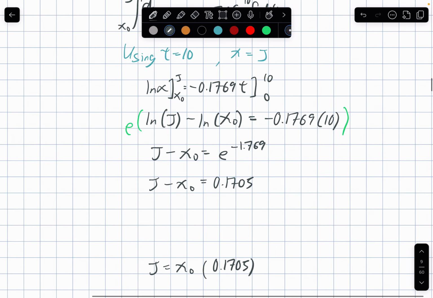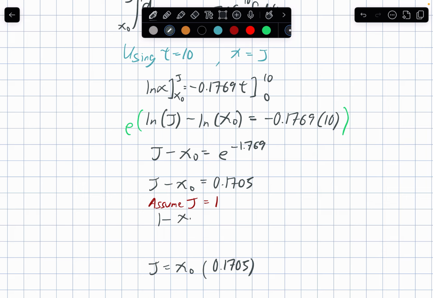So from this approach, we have to assume that j is equal to 1. So 1 minus x sub o is equal to 0.1705.